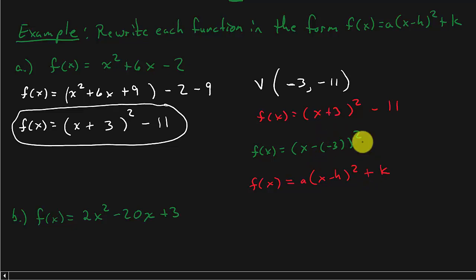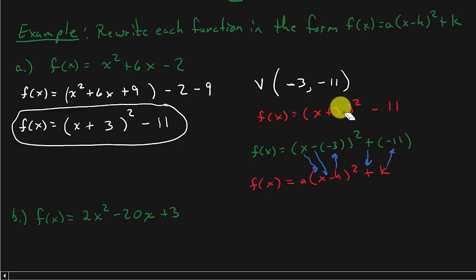And then I need a plus, so plus negative 11. So you can see here's x, here's my minus sign, and there's h, which is negative 3. And then I've got my plus sign, and then my k, which is negative 11. So it's negative 3, negative 11.